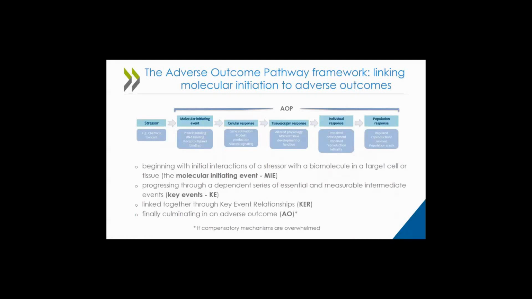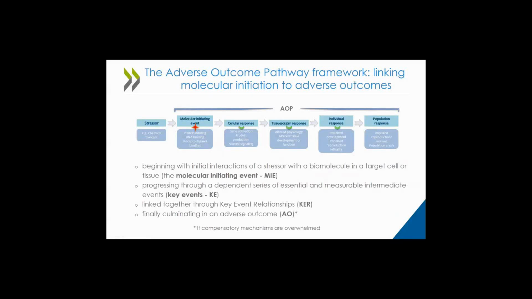Another way of thinking about this is that the AOP is really a map of the sequence of events that happen after a perturbation. An AOP begins with the initial interactions of a stressor with a biomolecule in a target cell or tissue, the molecular initiating event, progressing through a dependent series of essential and measurable intermediate events or key events.